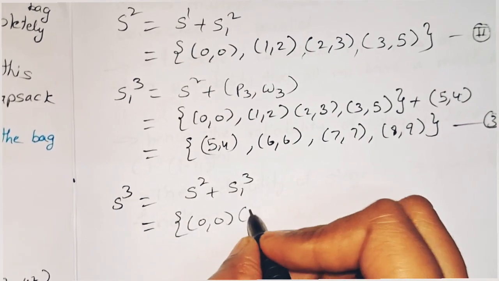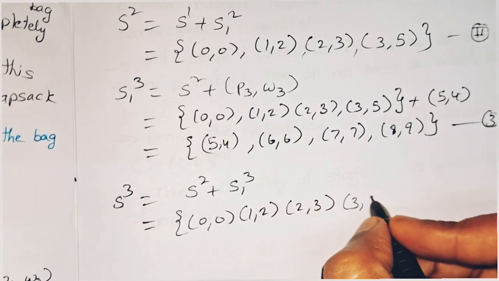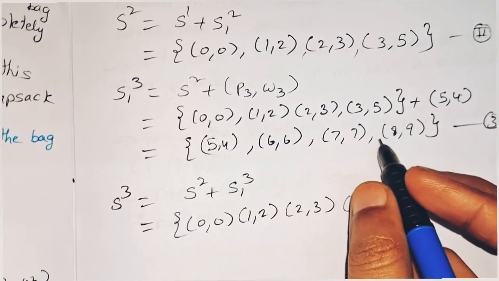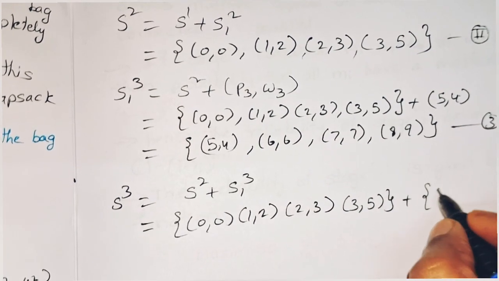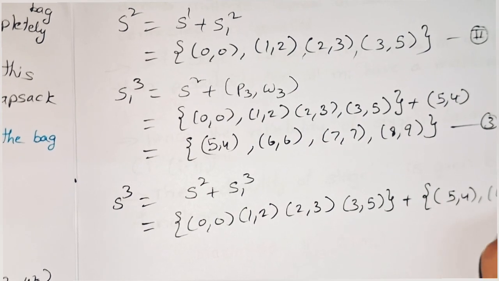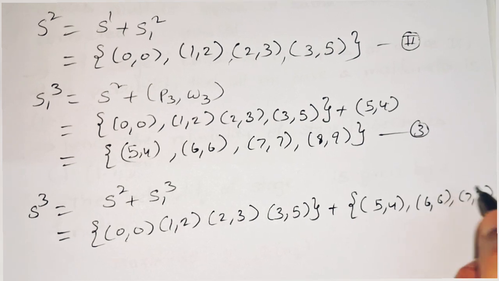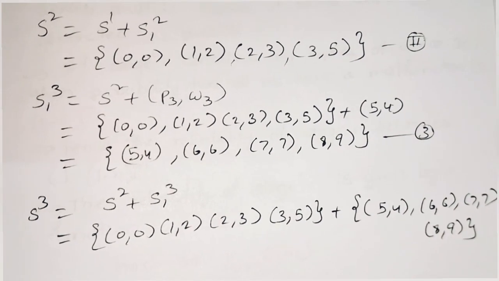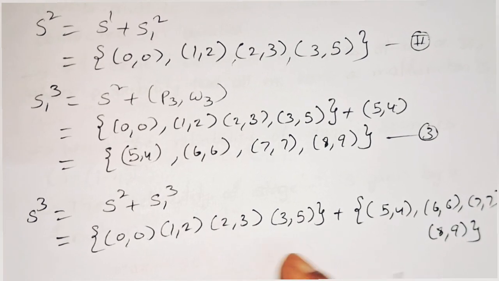So 0, 0, 1, 2, 2, 3 and 3, 5 plus, so what is the S13 value? So this is the S13 value, right? So we are going to concatenate these values, not add. 6, 6, 7, 7 and 8, 9. Okay. So in this manner we are going to add the value.